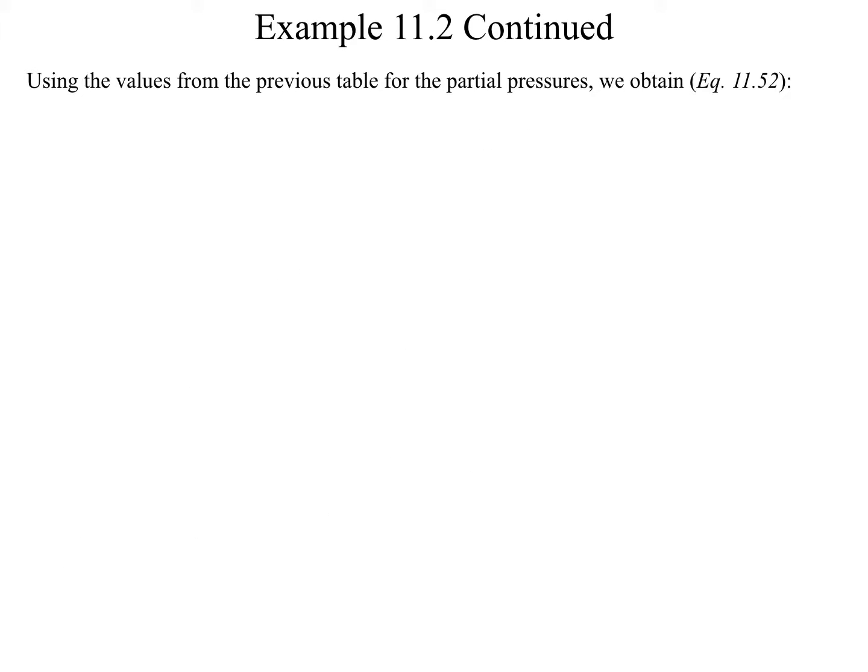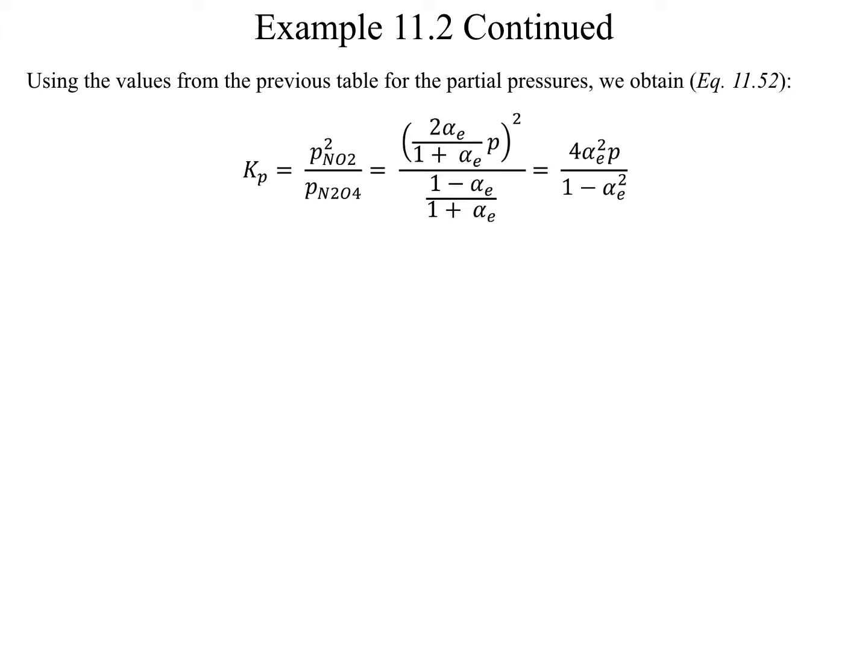As you continue using the values from the previous equations, we can now write Kp, the equilibrium constant for the reaction in terms of pressure: the partial pressure of NO2 squared, because two molecules of NO2 are produced, divided by the partial pressure of N2O4. That is the classical general chemistry expression, using the stoichiometric coefficients.